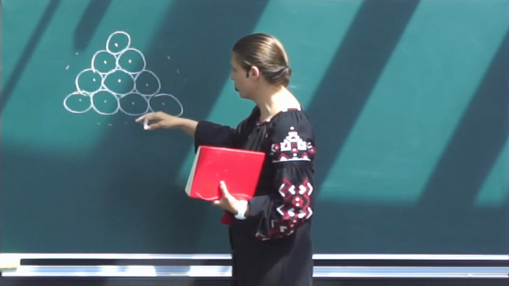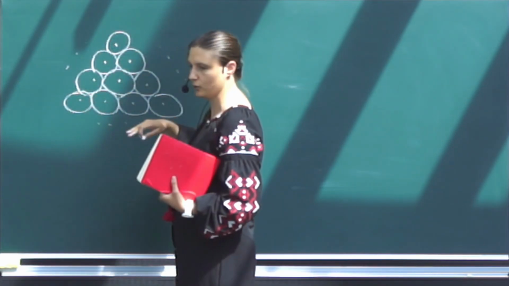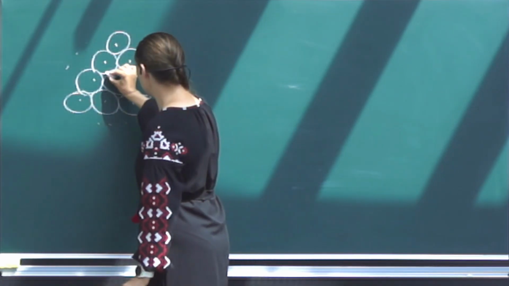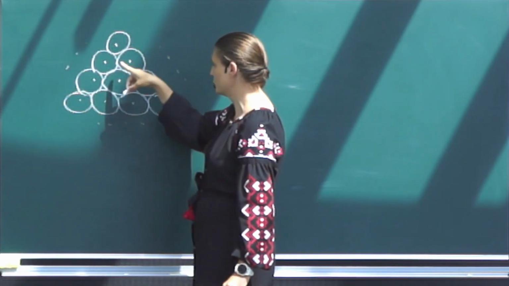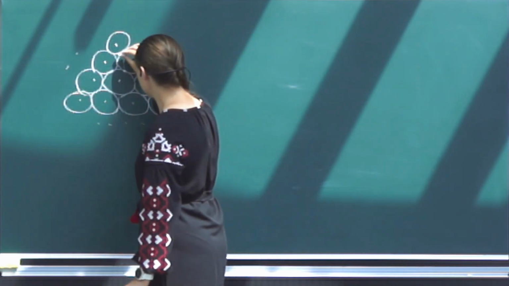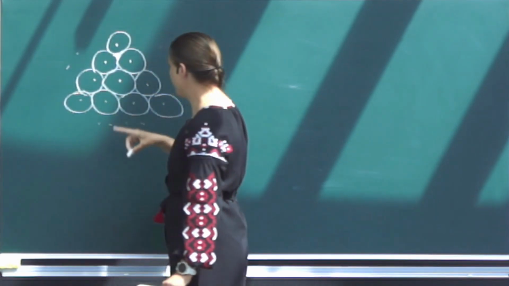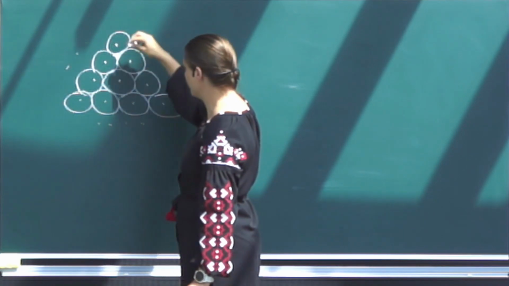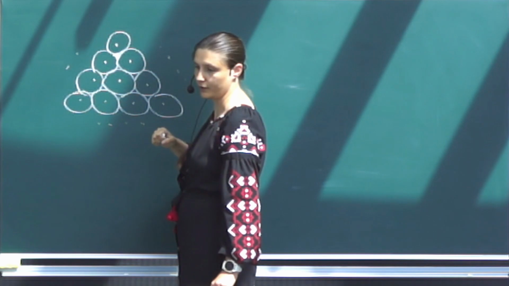Now we try to put a new layer of balls on top of these balls. Here we see these holes between the balls, and it would be natural to put new balls into these holes. But if we put a ball into a hole here, then the neighboring hole is too close to it. If we put one ball as low as we can, then here there will be no more place for it.